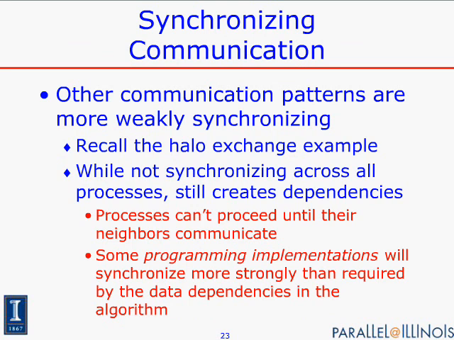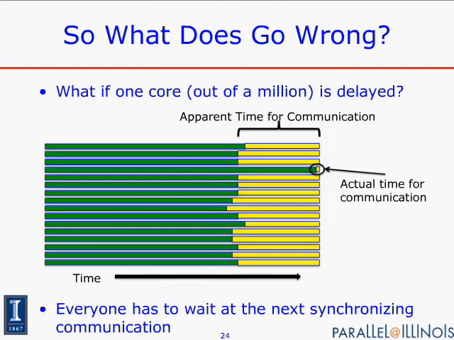Okay, so why does that get bad? Well, what if one core out of those million cores, just one, is late for any reason? It might be late because that core was preempted by the runtime system to help with a retransmission of a message.